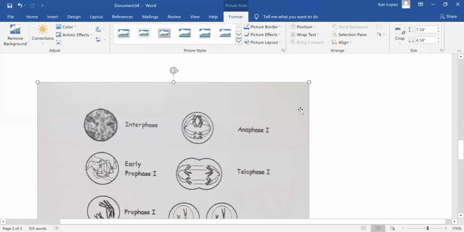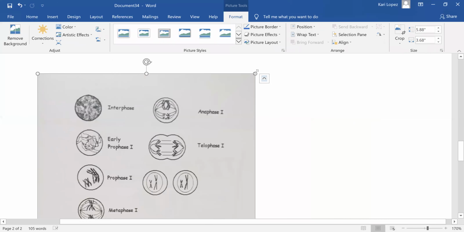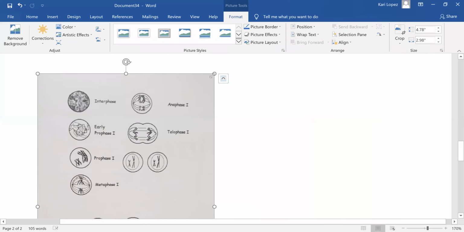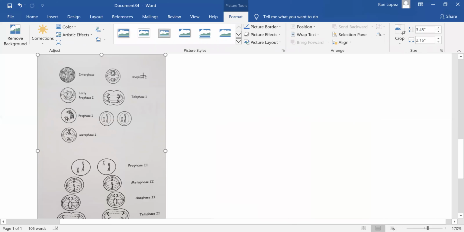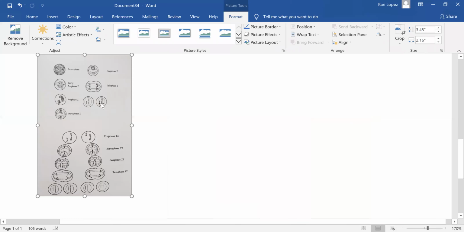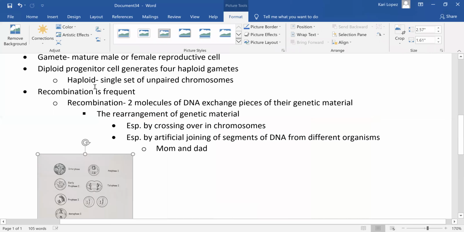So what are both of these processes doing? Making more cells. Exactly. Yep. Okay.